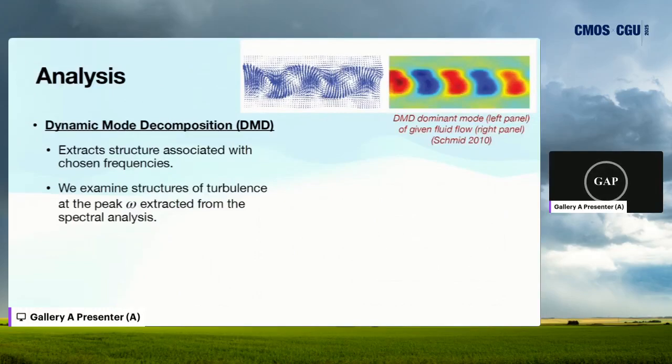On the left is the dominant mode for that dynamic mode decomposition example. So we can examine the structures of turbulence at the specific frequency that is extracted from that spectral analysis. That will allow us to see exactly the turbulent structures which correspond to the generation of waves.